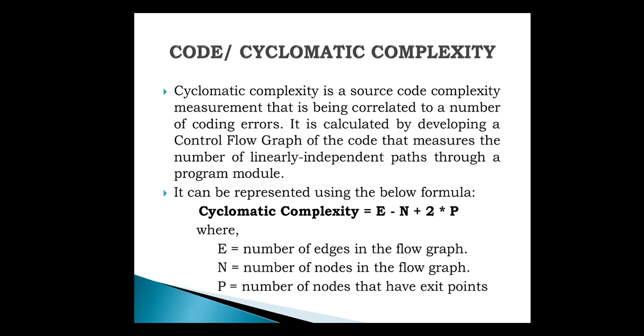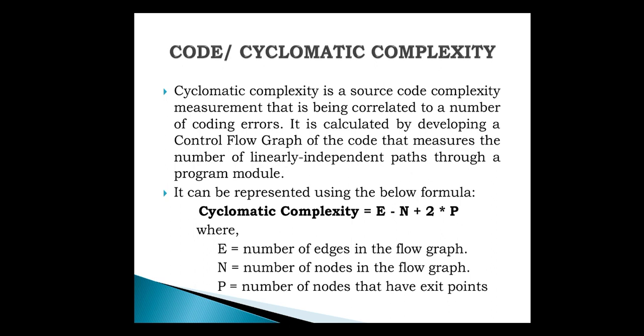The cyclomatic complexity is E minus N plus 2 times P. So what are the terms E, N and P? E is the number of edges in the flow graph. It means you need to make a flow graph of that particular code, and according to it we can find the cyclomatic complexity.